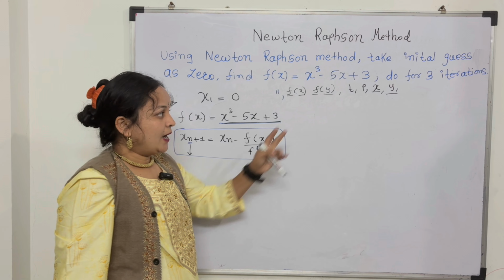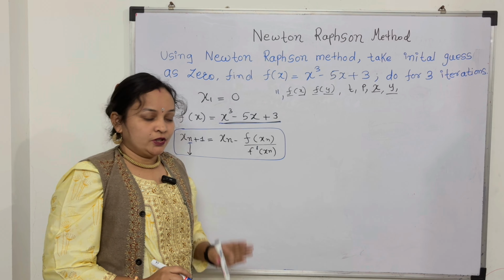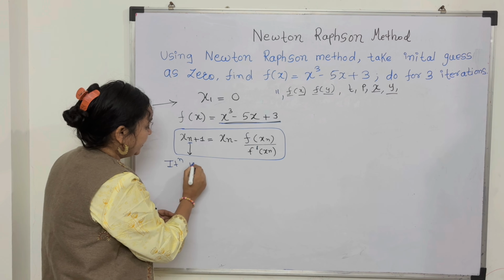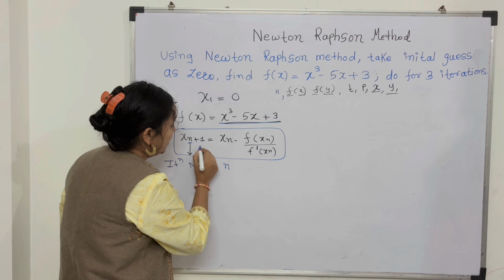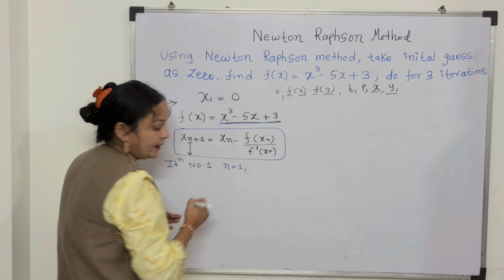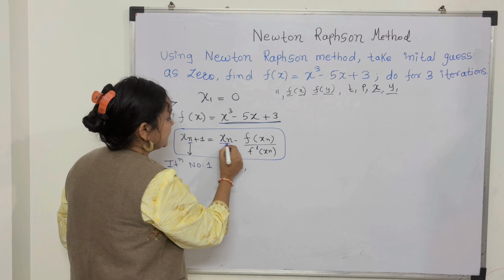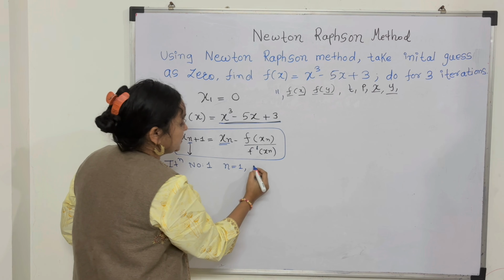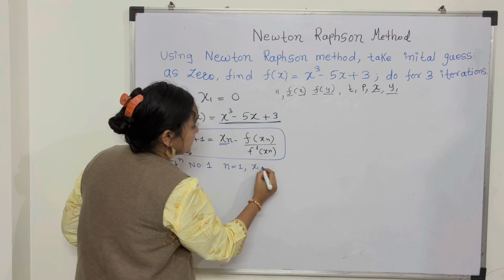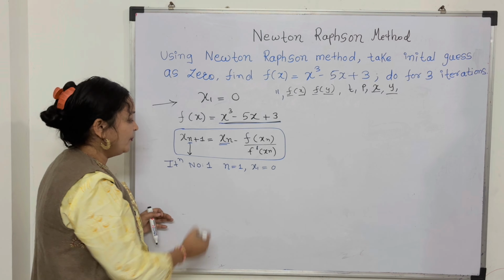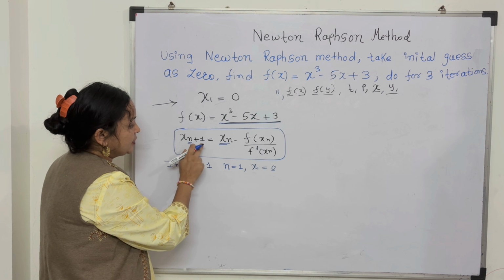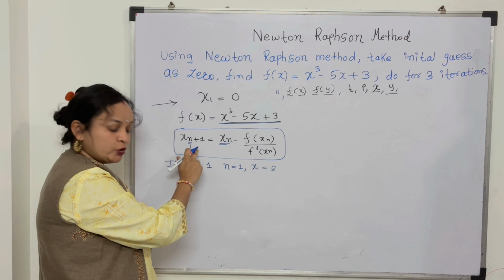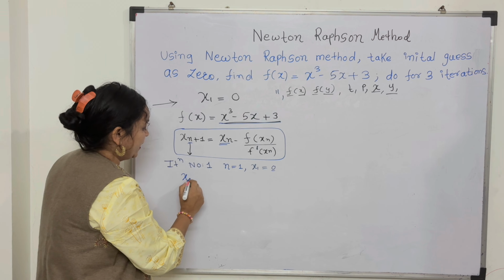Now they ask you to complete 3 iterations. For iteration number 1, n becomes 1, so at the initial condition xn is x1, which is 0. So do the calculation: xn plus 1 becomes x2, that is, 1 plus 1 becomes 2.